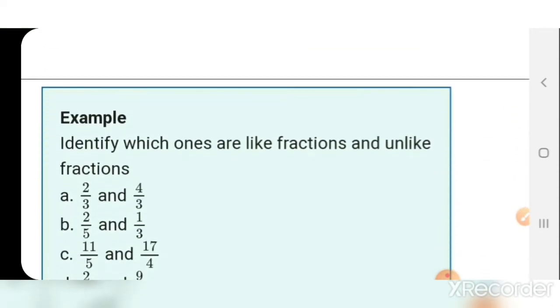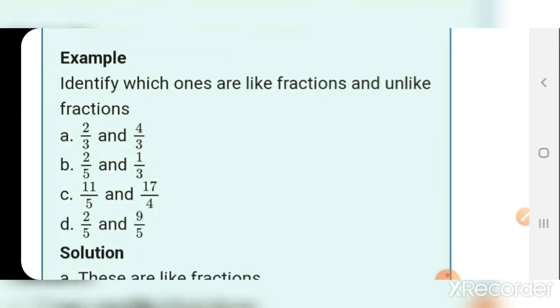Here are the examples. You have to identify which ones are like fractions and which ones are unlike fractions. First one, A, like fractions. Second, B, unlike fractions. C, unlike, and D, like fractions.